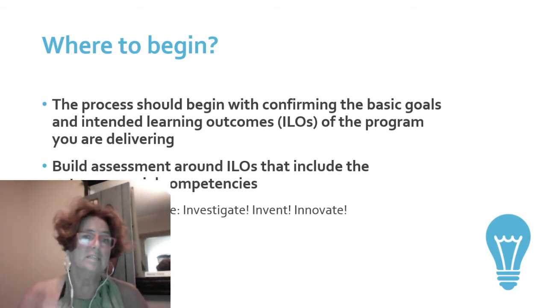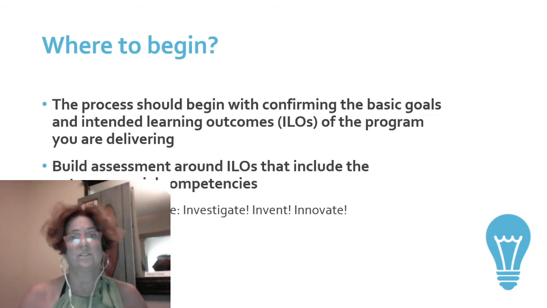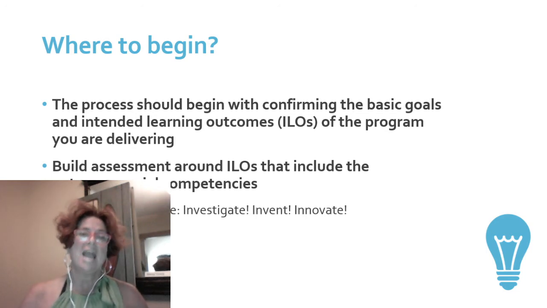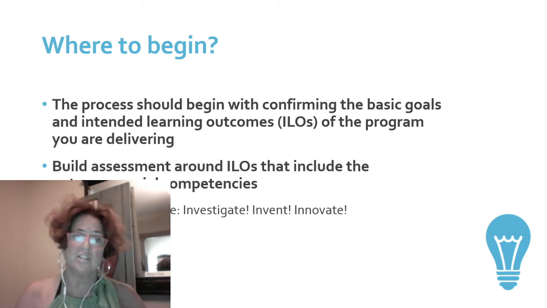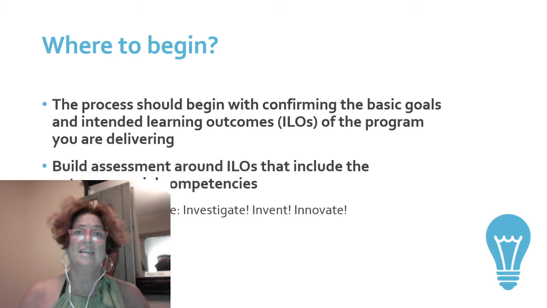And then we built an assessment tool around those ILOs, or intended learning outcomes, that included, of course, the entrepreneurial competencies. And we did this with a program that I will refer to on and off through the discussion today, called Investigate, Invent, Innovate, which we call iCubed for short.